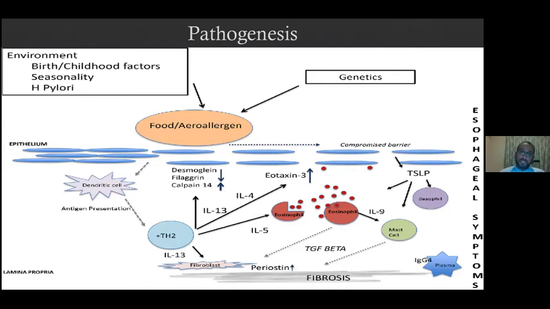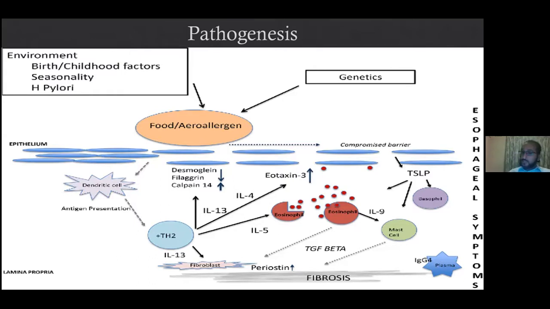So one by one, interleukin 13 acts on fibroblasts. Interleukin 13 can decrease desmoglein, filaggrin, and calpain 14. Interleukin 4 stimulates eotaxin 3, which is increasing. Interleukin 5 increases the eosinophil.